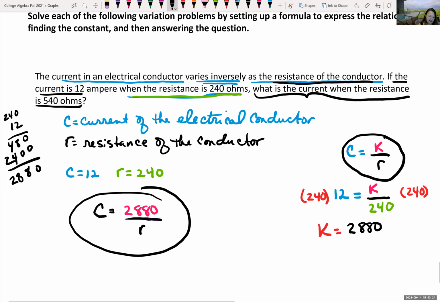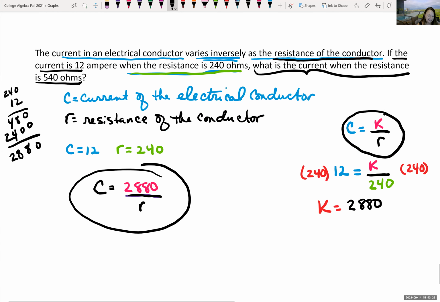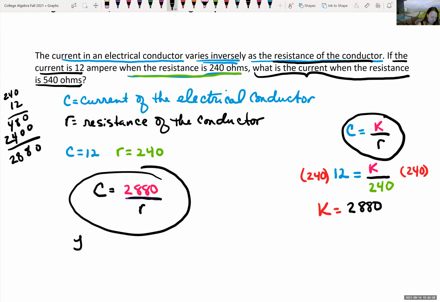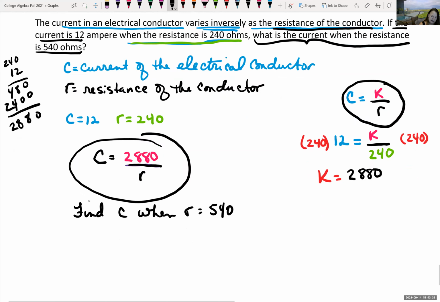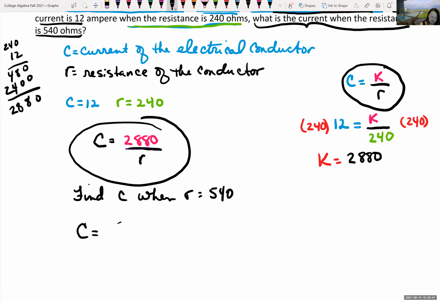So we want to find the current, we want to find C, when R is equal to 540. So C is equal to 2,880, all divided by 540.